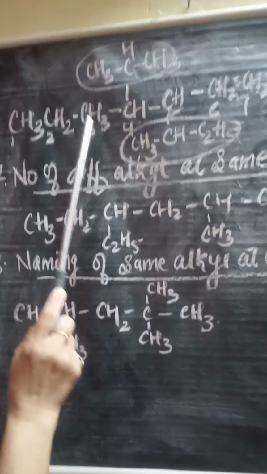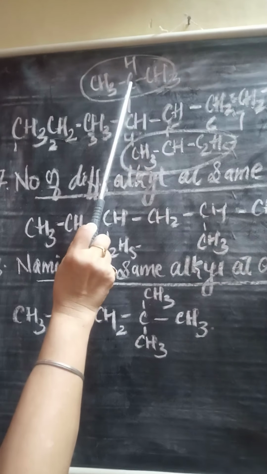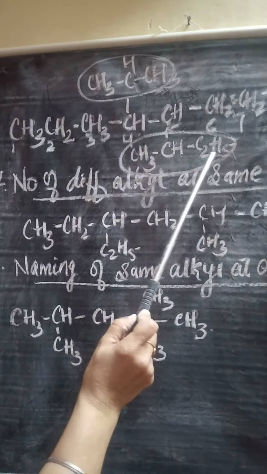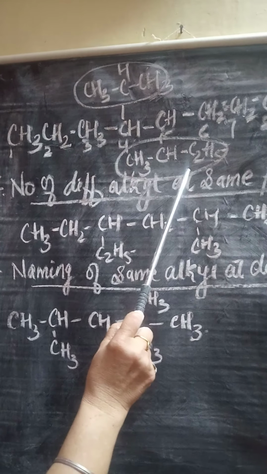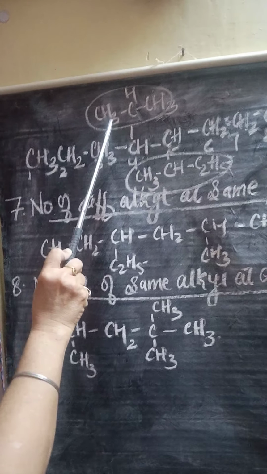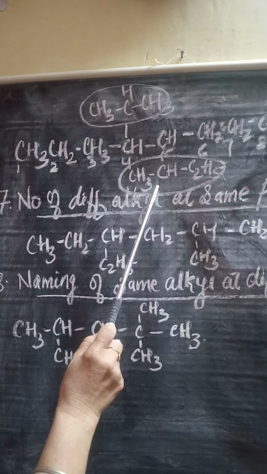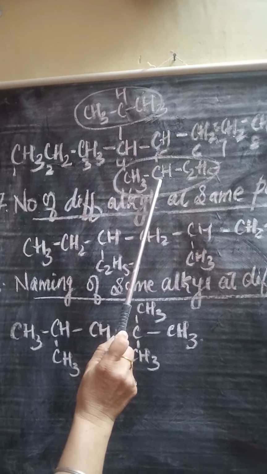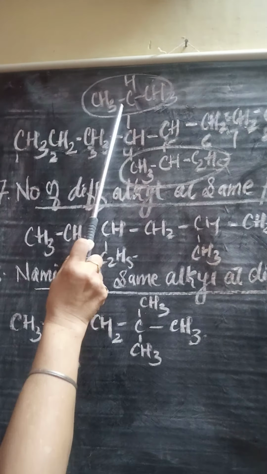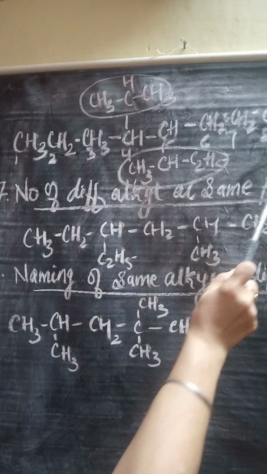To the 4th carbon, a secondary propyl group is attached. To the 5th carbon, an isobutyl is attached. So B comes first and P comes next. So our naming of the compound will be 5 secondary butyl 4 isopropyl decane.